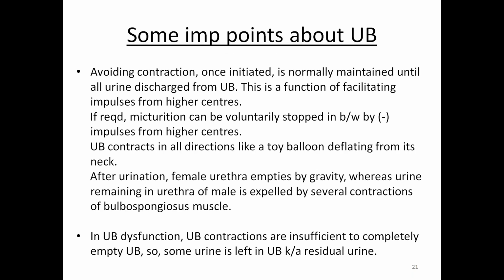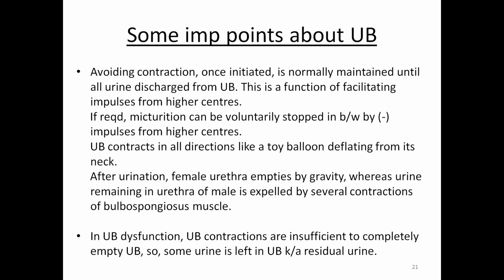Now, some important points about the bladder that I want to tell you: voiding contraction, once initiated, is normally maintained until all the urine has been discharged from the bladder. This is a function of facilitating impulses from the higher center.